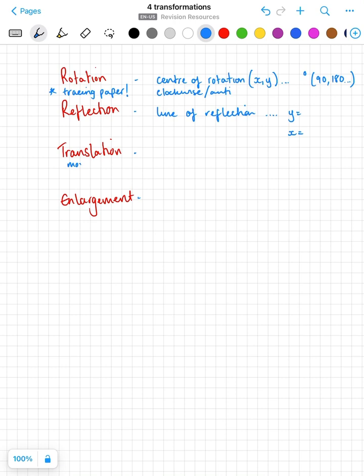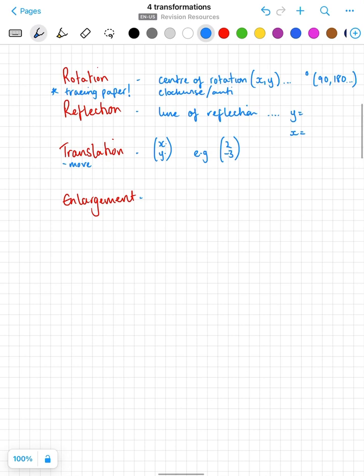A translation is where the shape has moved by a column vector. So it will move by an x direction and a y direction. For example, if that column vector is 2, minus 3, your shape has moved 2 units to the right and 3 units down.